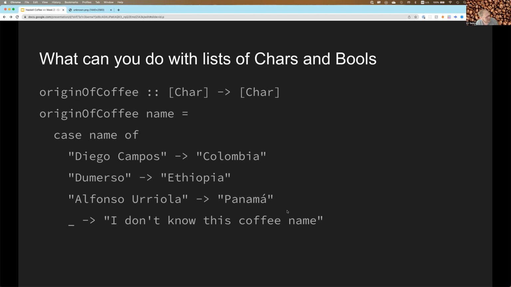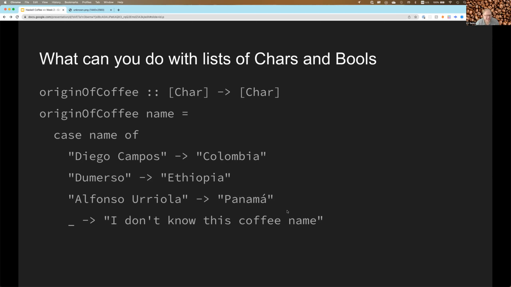And so we declare it, and then we define it. So we define origin of coffee, which is bound to a name variable. And then we do case name of, and I put some coffees from my favorite coffee roaster that might be related to a different region or a different country. And then we have this pattern at the end that is underscore. The underscore pattern is the catch-all pattern.